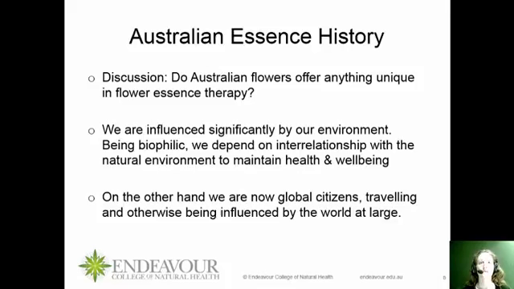Most people have connections with non-Australian individuals, and all of that will also influence the energetic imprint of the environment at large. And also remember that some of the flowers that are used within the Australian essence sets are flowers that can be found overseas, for example. They're not all uniquely Australian.